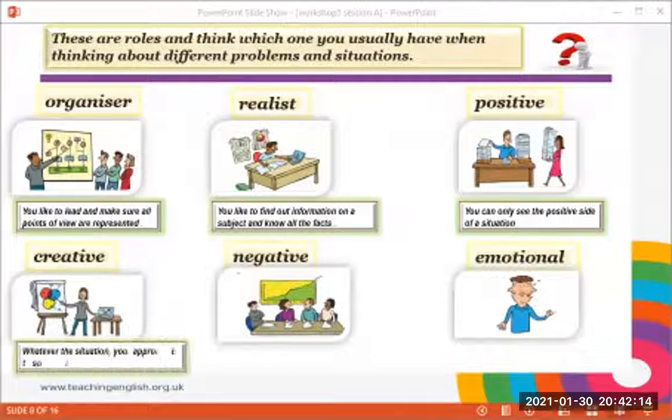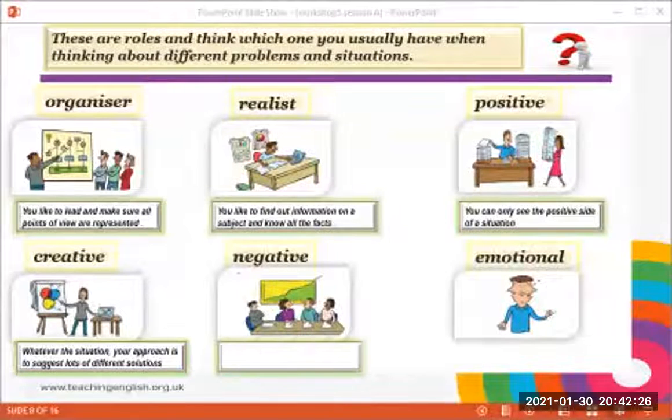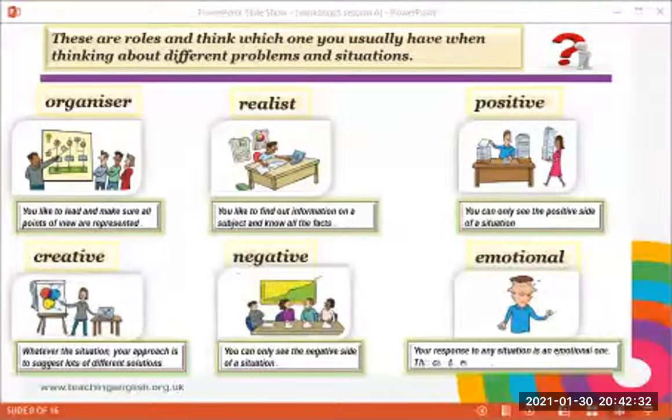Creative, whatever the situation, your approach is to suggest lots of different solutions. Negative, you can only see the negative side of the situation. The last one is emotional. Your response to any situation is an emotional one. This can be either a positive or a negative response.